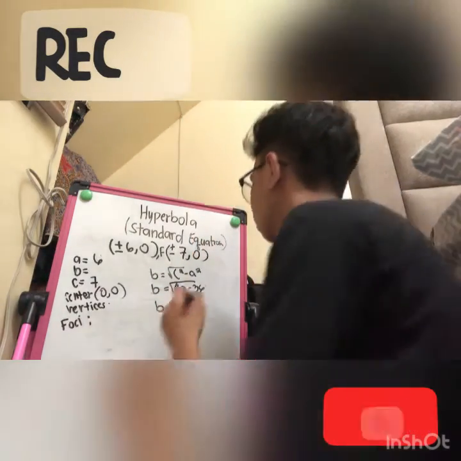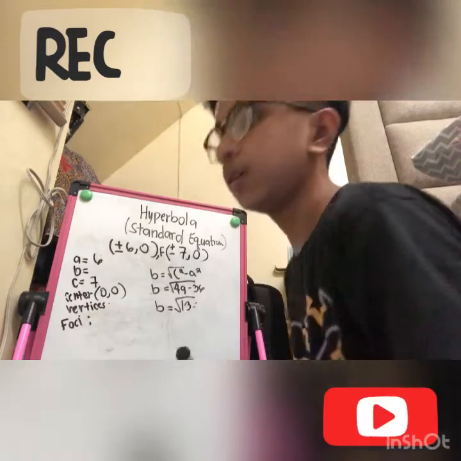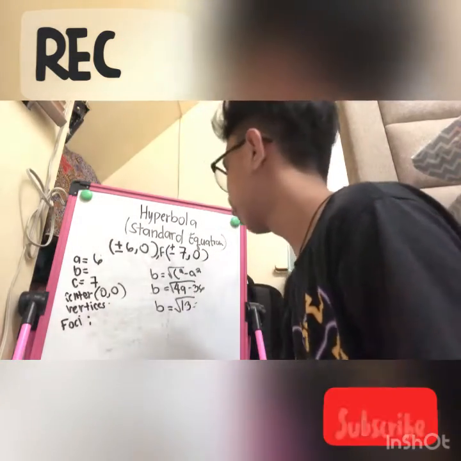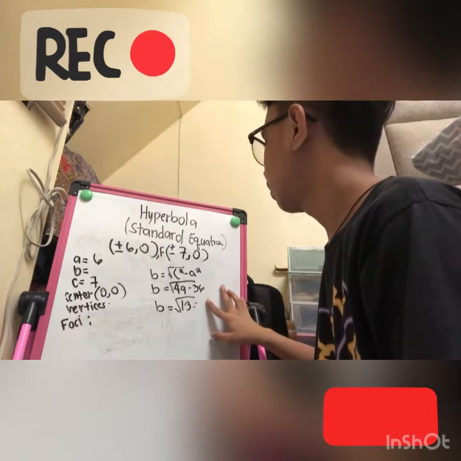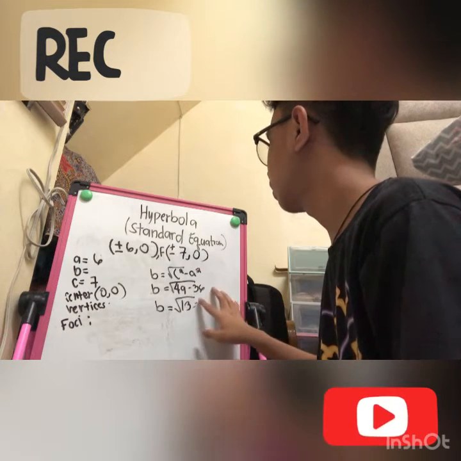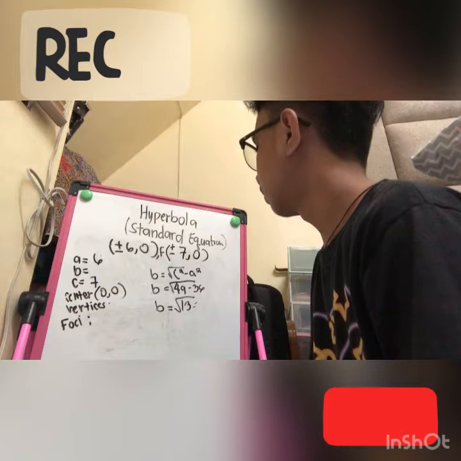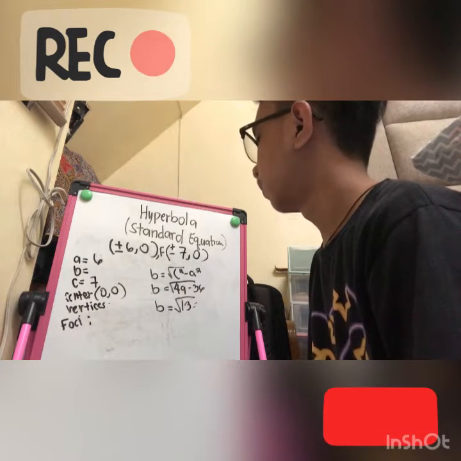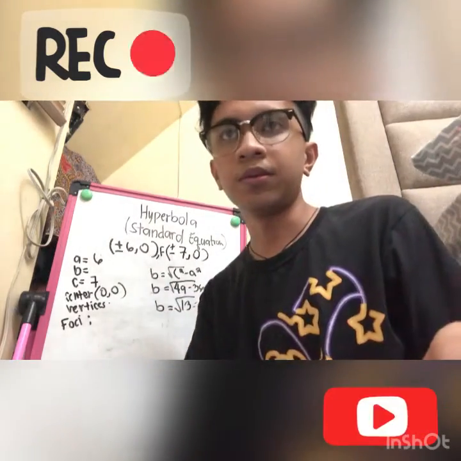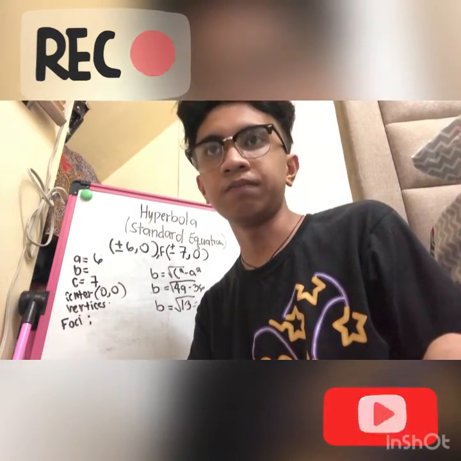To get the value of the square root of 13, we must calculate. 49 minus 36 is 13. So, what is the square root of 13?